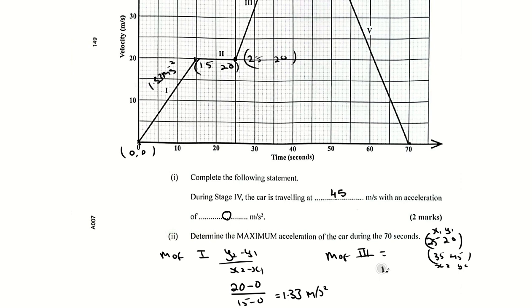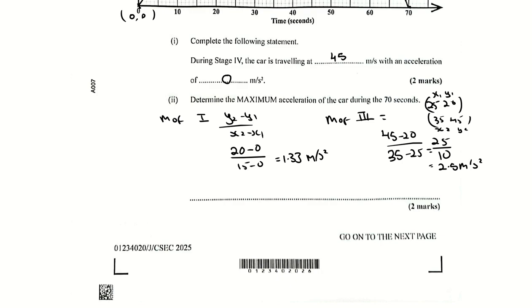So that is going to be 45 minus 20 over 35 minus 25. 45 minus 20 is 25. 25 divided by 10, which is 2.5 meters per second squared. They want to know which one is the maximum. That means the highest, which would be stage 3, which is 2.5 meters per second squared. Whichever one is correct, right?